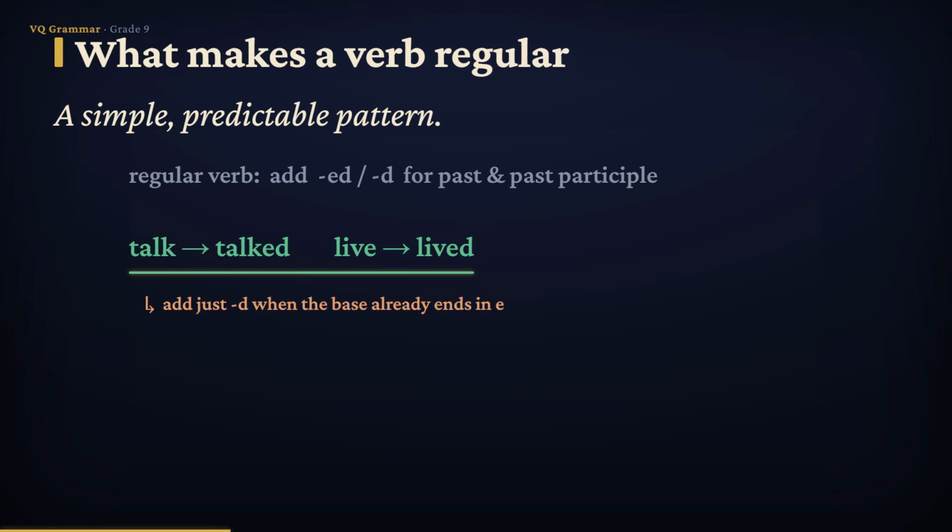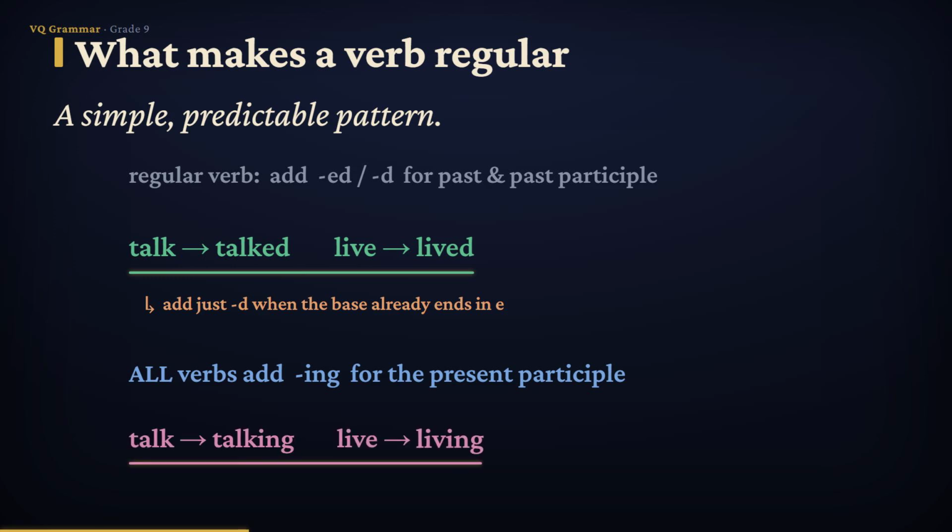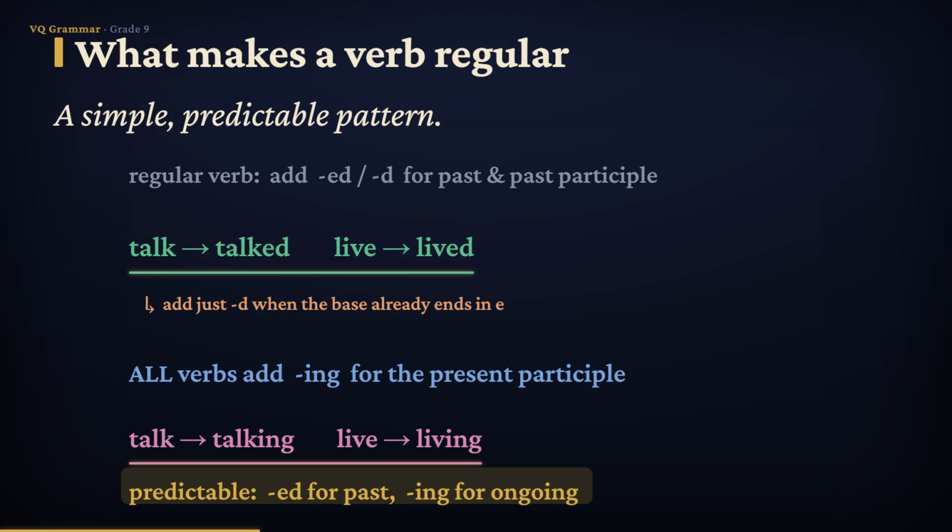And here's a rule that's even more universal. Every verb, regular or not, forms its present participle by adding ing. Talk becomes talking. Live becomes living. So regular verbs are the predictable ones. Ed for the past, ing for the ongoing action.